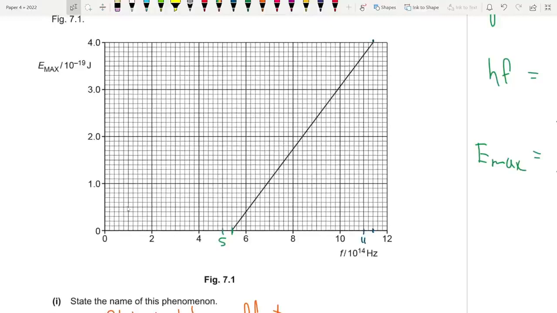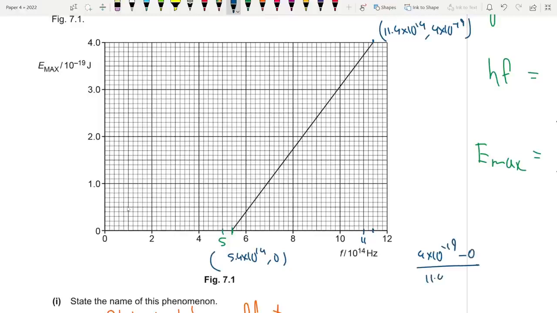This is 11.4 into 10 power 14, and that's 4 into 10 power minus 19. Similarly, this point is 5.4 into 10 power 14 and 0. So basically 4 into 10 to the power minus 19 minus 0 divided by 11.4 minus 5.4 into 10 power 14.